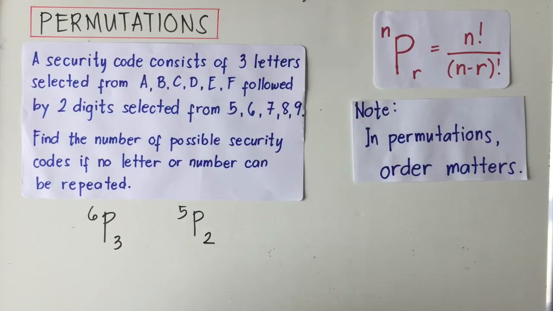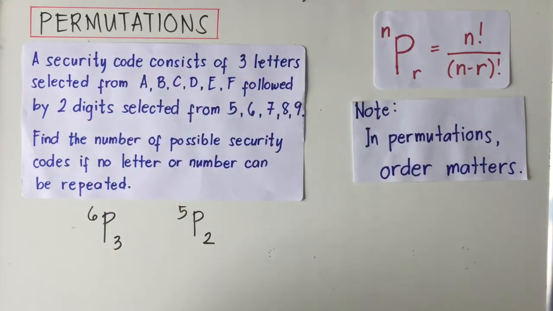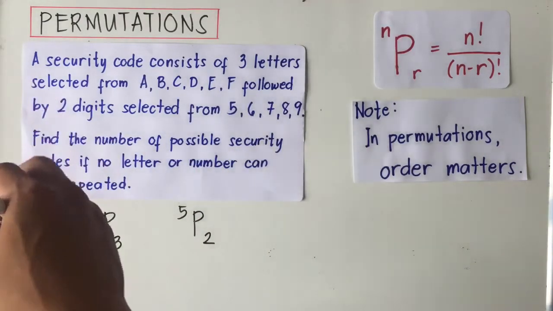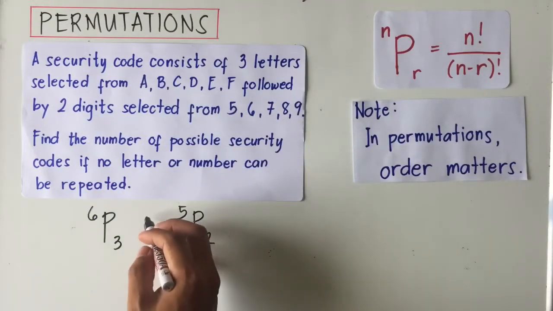So what will I do with these 2 permutations? Since I am combining the 2 selections, and as you have seen in the first example, where I multiplied 8 times 7 times 6, here I will also multiply.